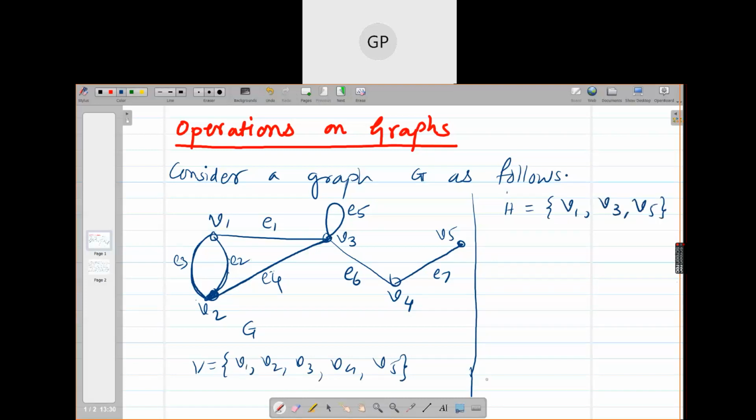Then what is G minus H? V1, V3, V5 I want to delete. So I will keep only V2 and V4. All the edges which are incident on V1, V3, V5 are deleted.